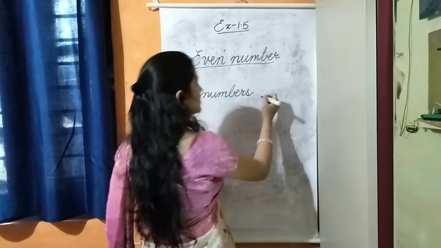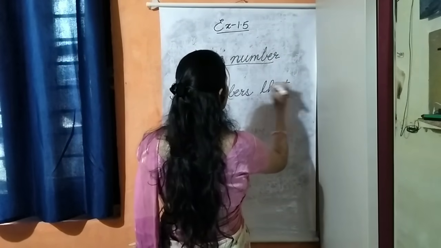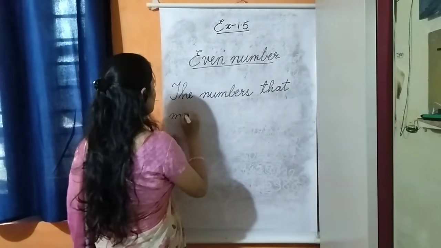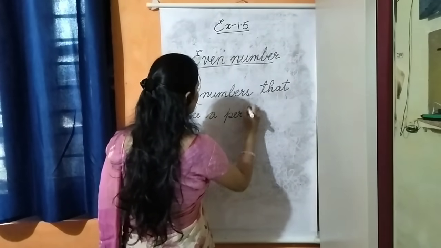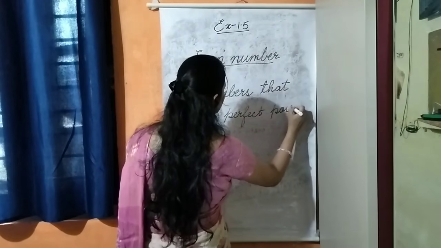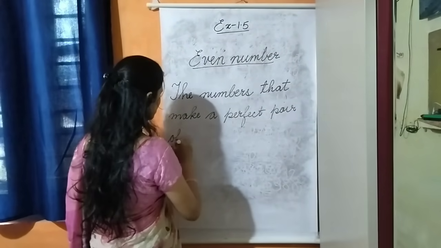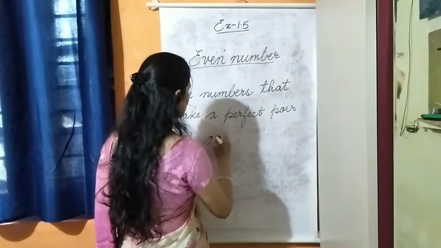The numbers that make a perfect pair of 2 are called even numbers.